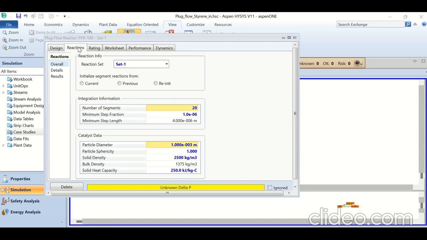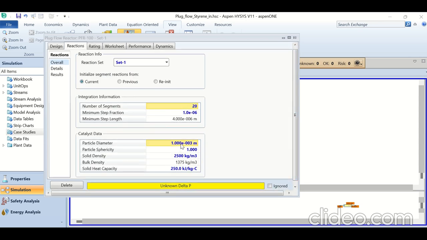So now again go to reaction, and here you have to enter the catalyst data. So the particle diameter is 5 mm, so 5 exponential minus 3 meter.